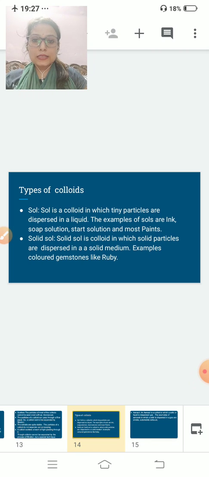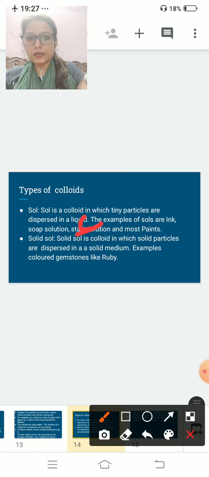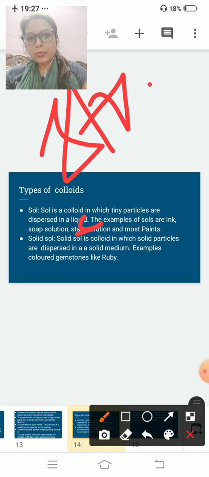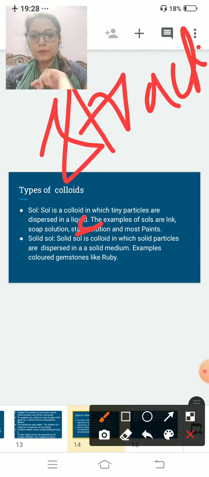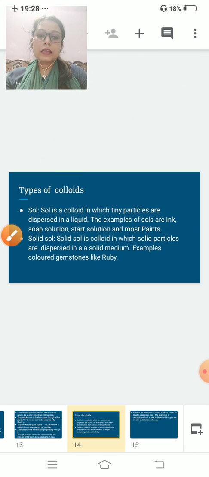Sol is a colloid in which tiny particles are dispersed in a liquid. The examples of sols are ink, soap solution, starch solution. Here it is starch, there is a typing mistake. Clear? Solid sol.